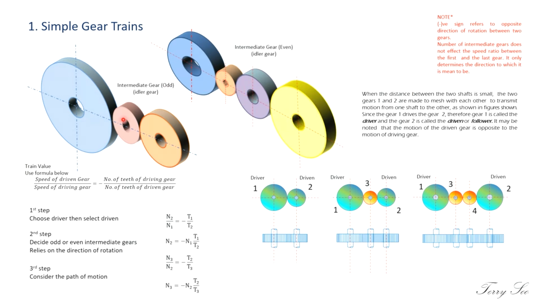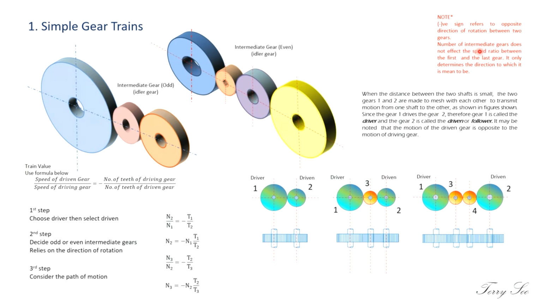Remember, whether you use 1, 2, 3, 4, 5, up to 10 gears, the speed ratio between the first and the last will always be the same, no matter whether you use odd or even. The only thing that is affected is the direction of motion between the first and the last, when you consider odd or even.